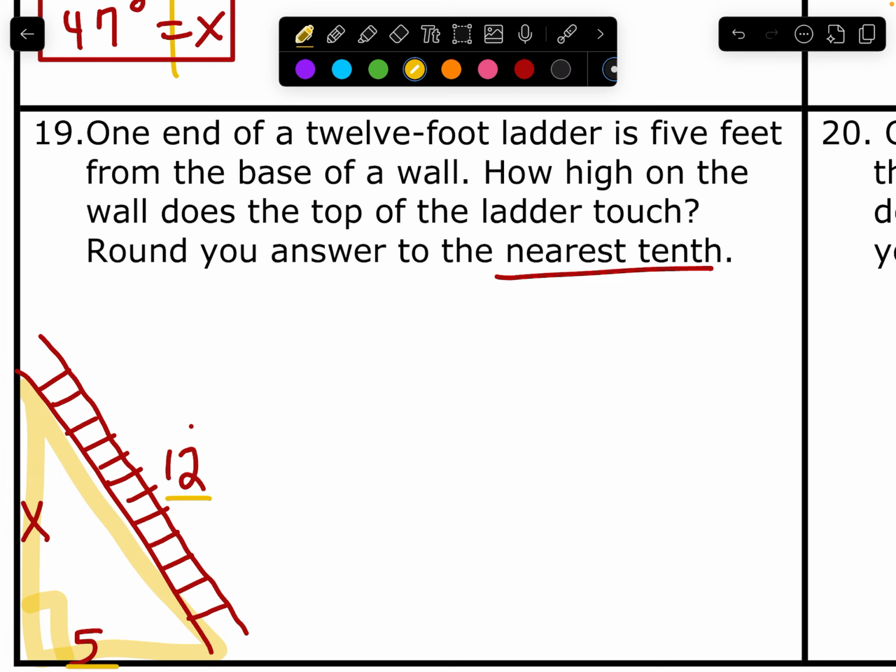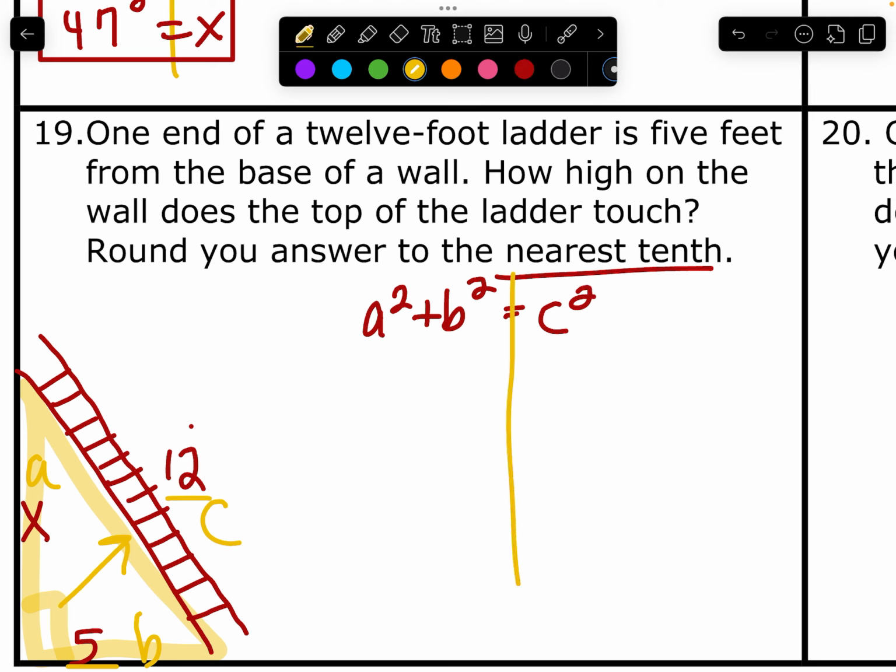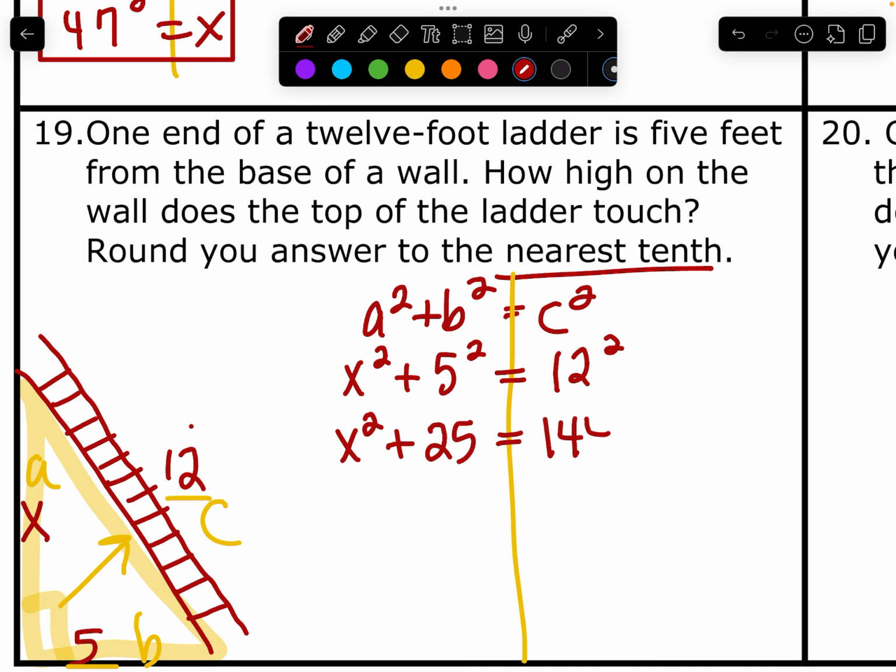So that means we can use the Pythagorean theorem. So let's label it for the Pythagorean theorem. All right, a squared plus b squared equals c squared. And let's plug in what we know. A, we put an x there. We don't know what a is. 5, we can put 5 squared. And then c is 12, so that's 12 squared. The x squared stays the same. 5 squared is 25. 12 squared is 144.